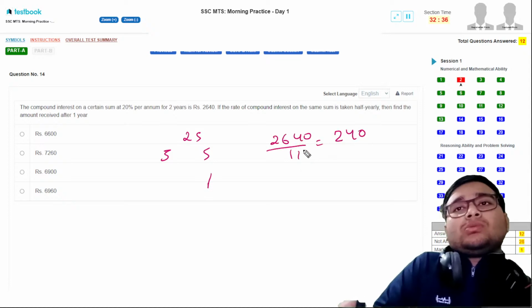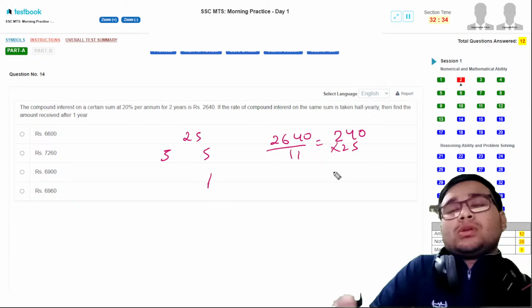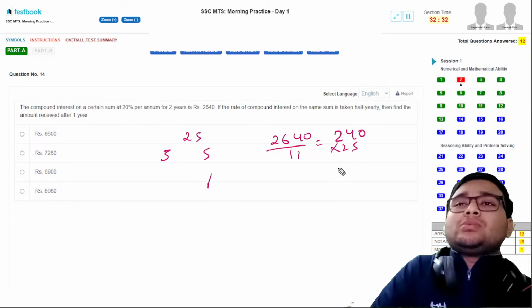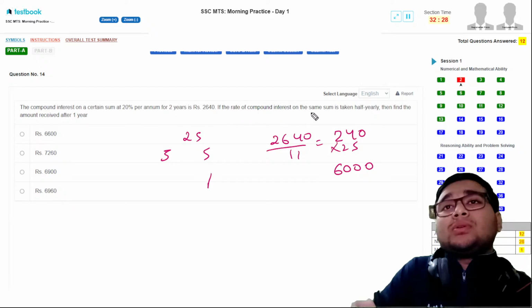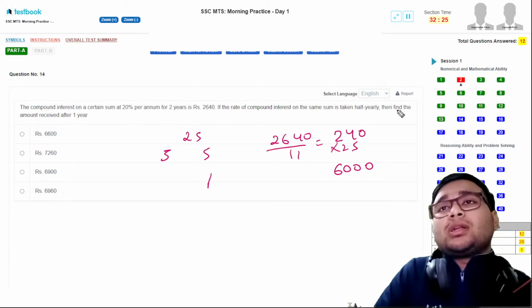So 625 means 620 by 600, 1000 it became. The compound interest on the same sum is taken half yearly.